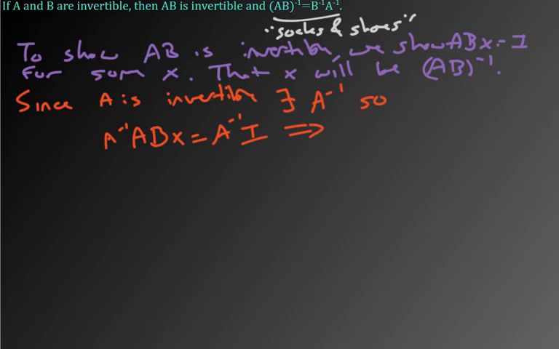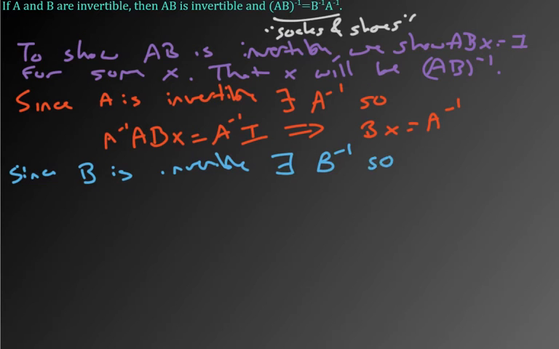That's going to basically imply that BX equals A inverse, right? And then you can do a similar thing. Since B is invertible, there exists B inverse. So now this BX equals A inverse thing, I'm just going to multiply by B inverse on both sides, which is going to imply that X equals B inverse A inverse.